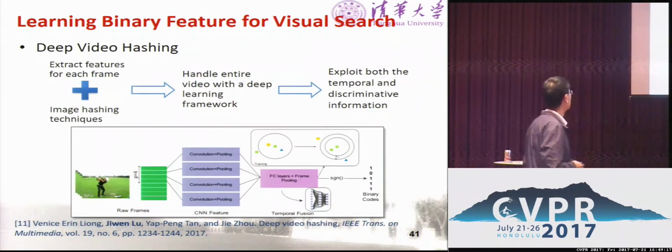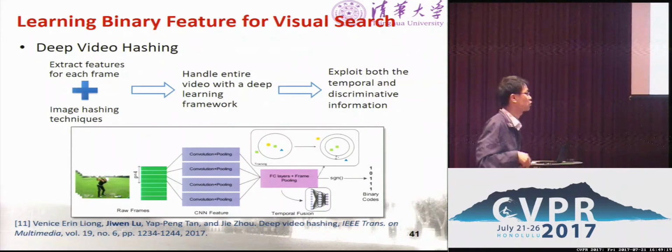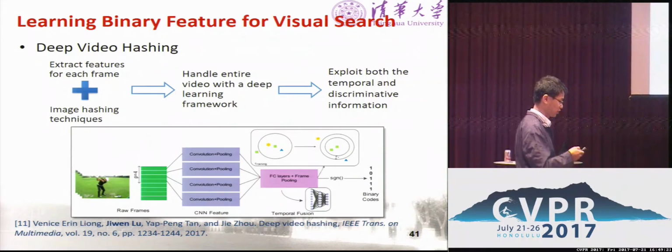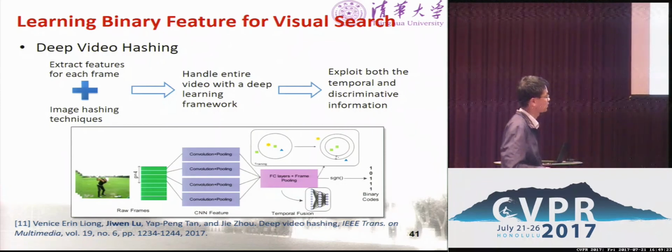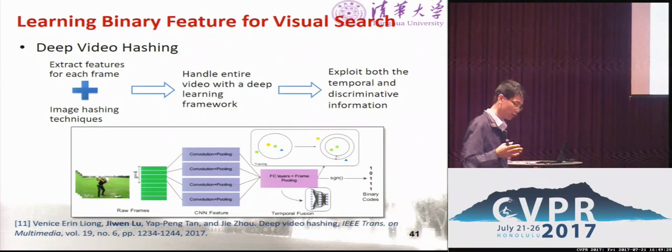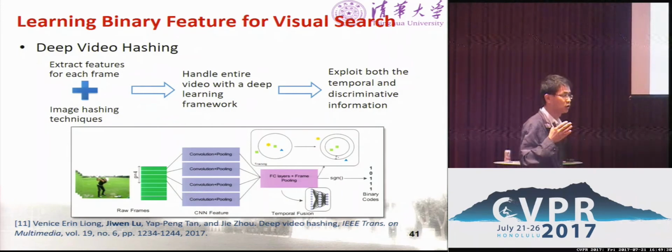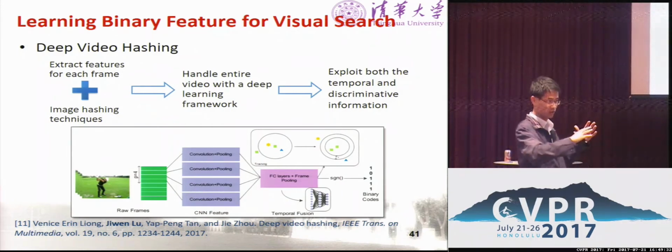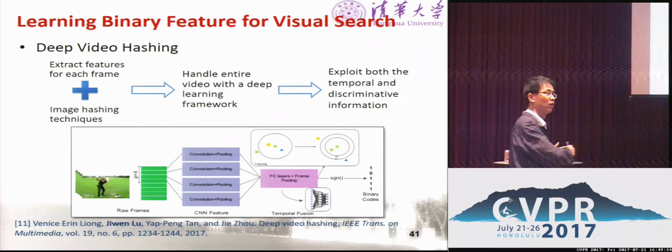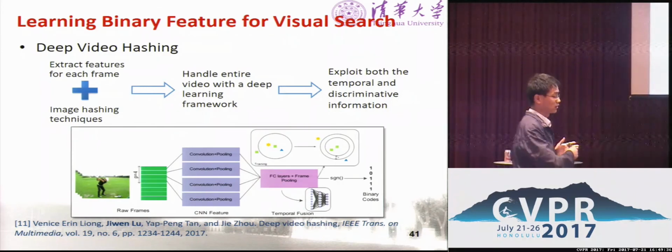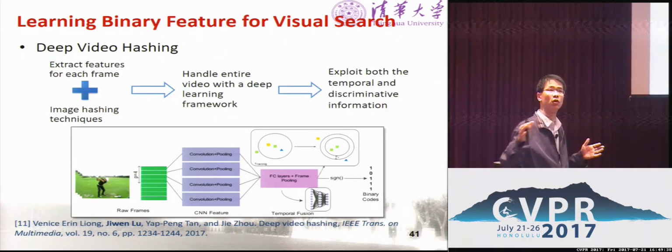Besides image search, we also applied our method to video search. This year, we also have a paper published in a journal, deep video hashing. For the difference between image hashing and video hashing, we want to consider the temporal information around the neighboring frames within the video.